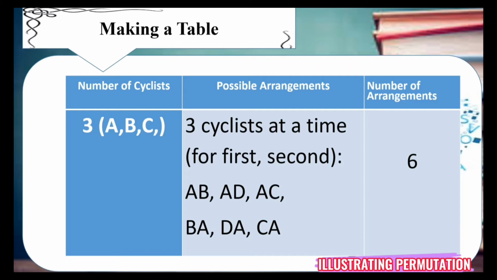Cyclist B and A, cyclist B and C, cyclist C and A. Take note, AB is different from BA. So there are 6 arrangements.